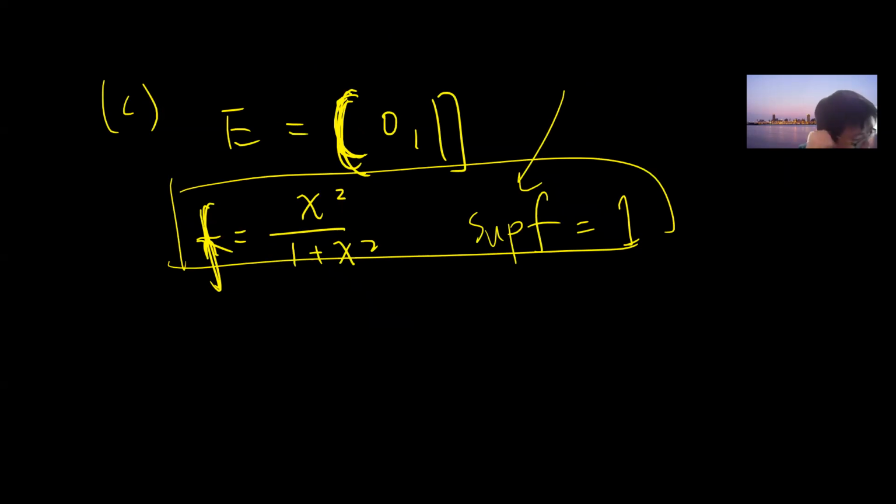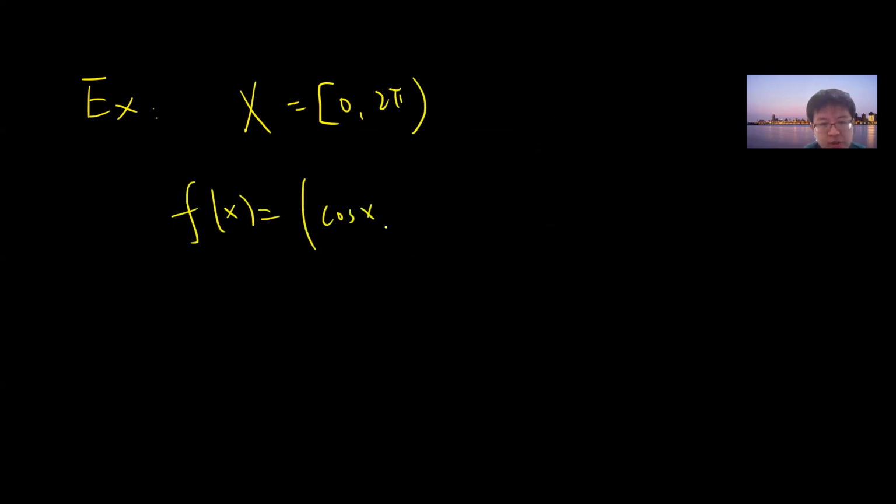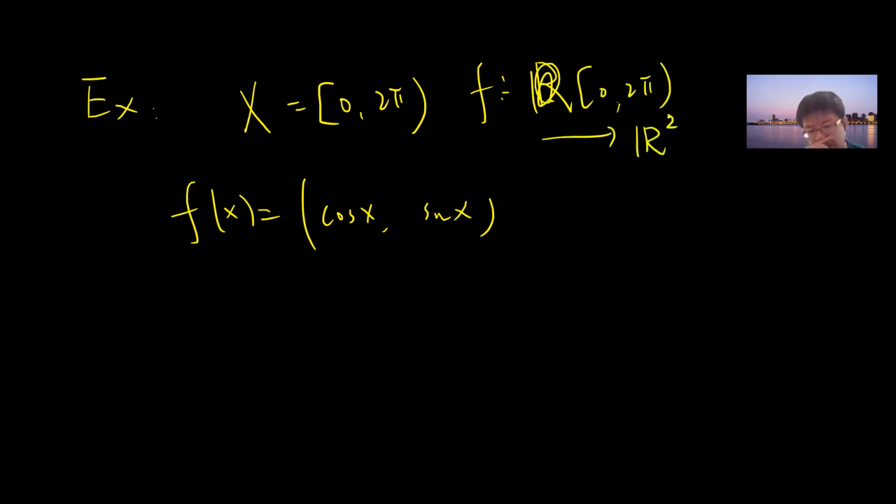Okay, so let's go to some final example. Maybe this is a good example for C, I guess. So if x is in 0 to 2 pi, then you can define f of x to be (cosine x, sine x), which maps to the unit circle in R squared.